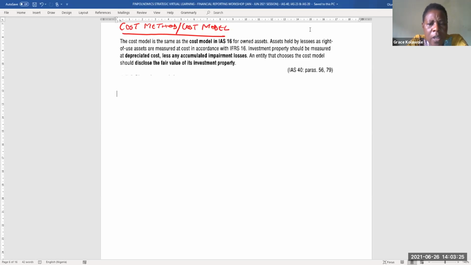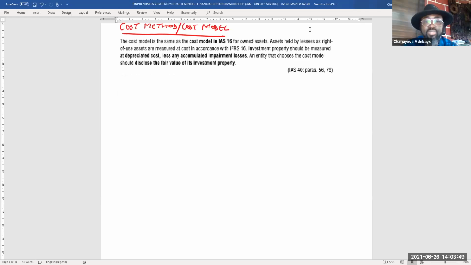Investment property should be measured at depreciated cost, less any accumulated impairment losses. An entity that chooses the cost model should disclose the fair value of its investment property. IAS 40, paragraphs 56 and 79.